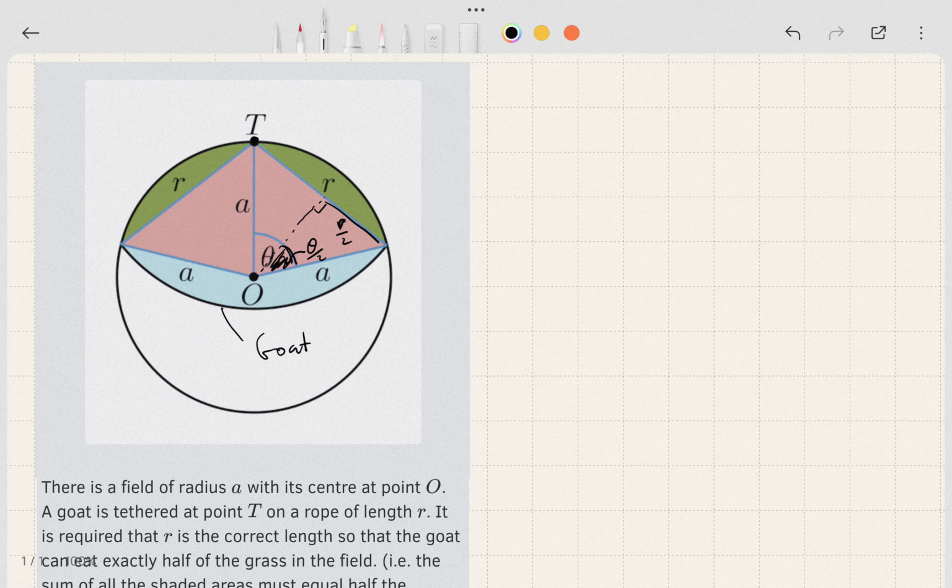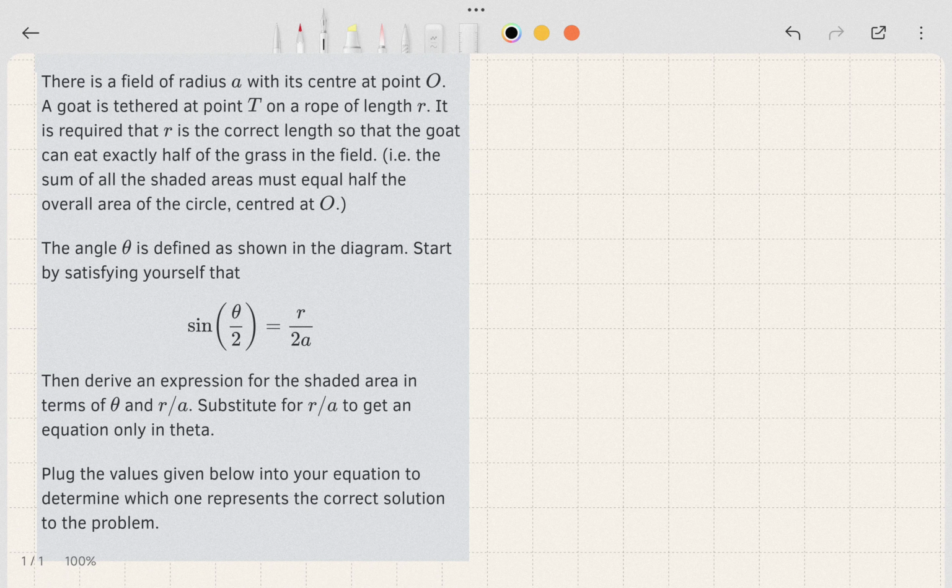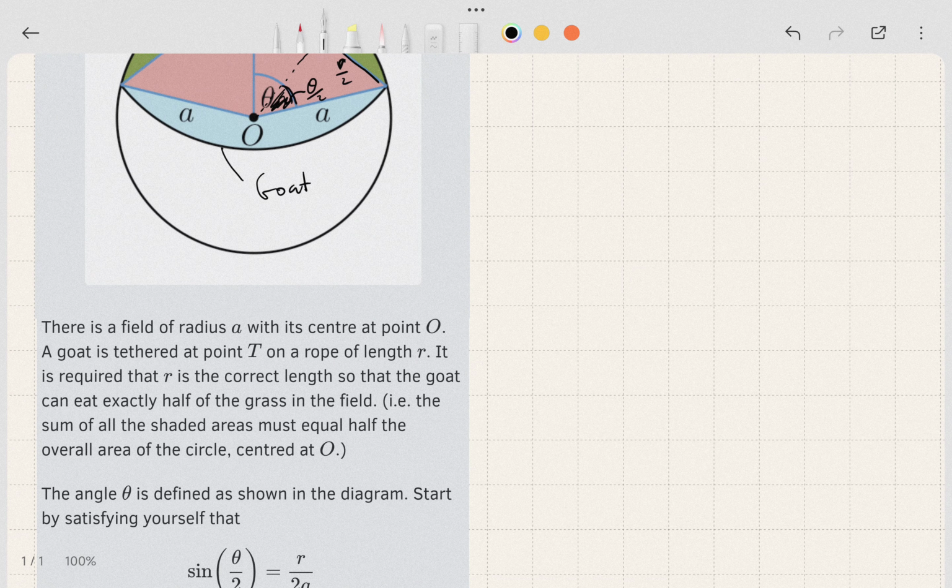So sine of theta over 2 would be equal to R over 2 divided by A, so R over 2A. Then derive an expression for the shaded area in terms of theta and R over A.